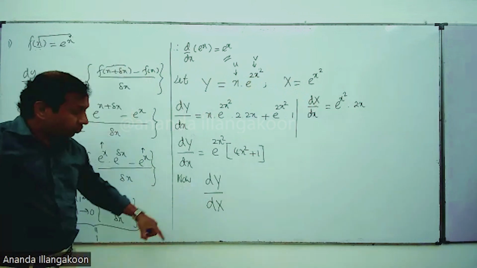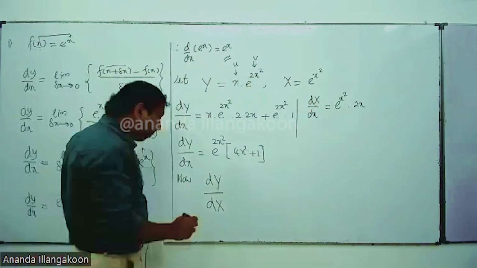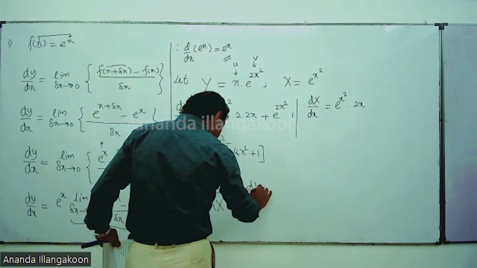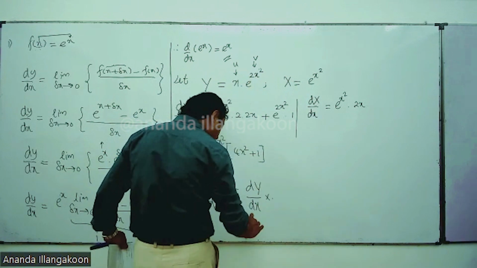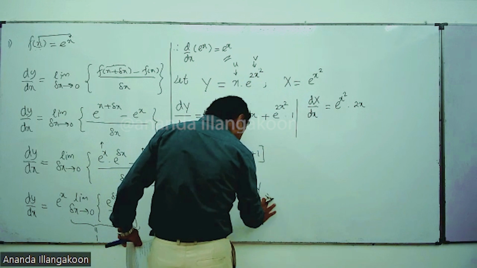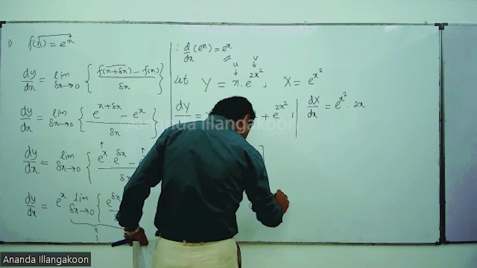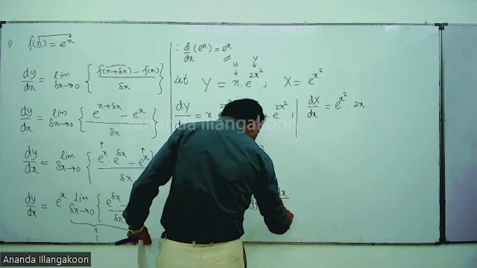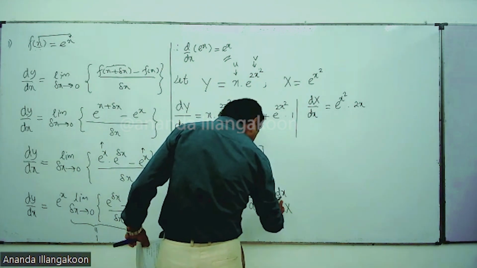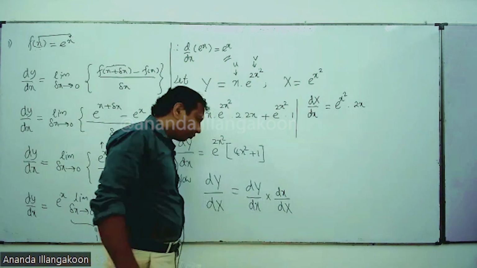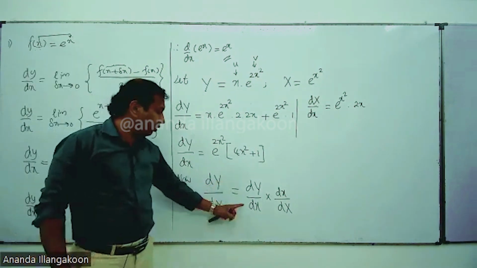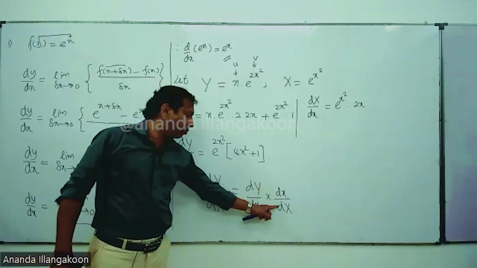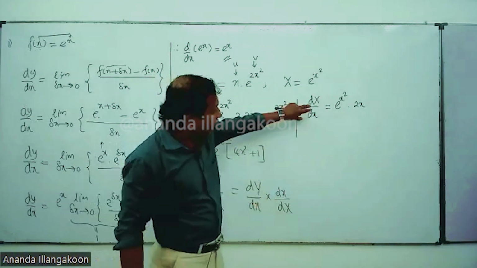But you know, this one you can write by using the chain rule. dY divided by dx multiplied by dx divided by dX. dY upon dx is this one. dx upon dX means people take the reciprocal of this.